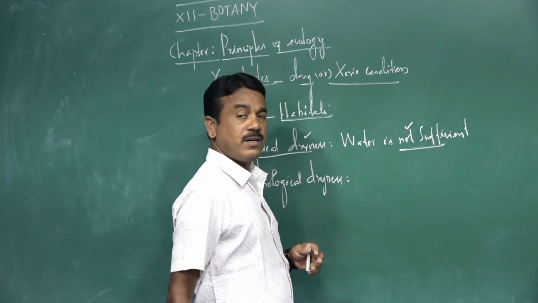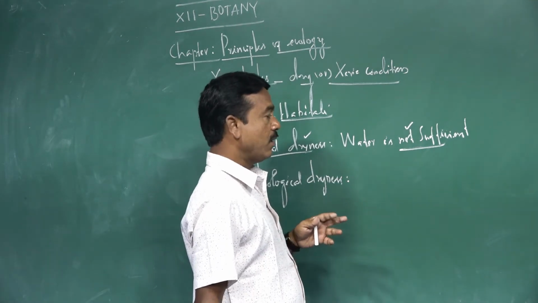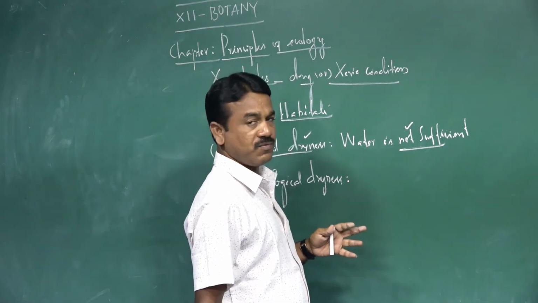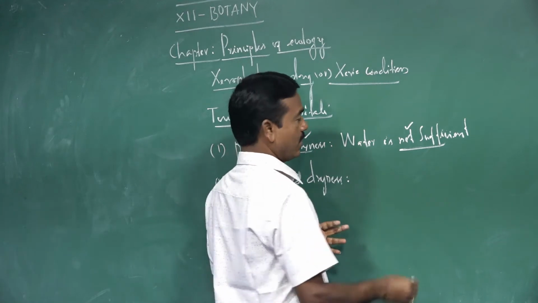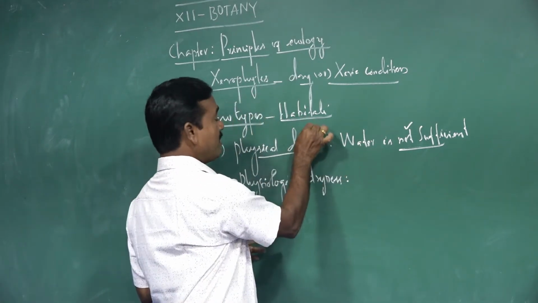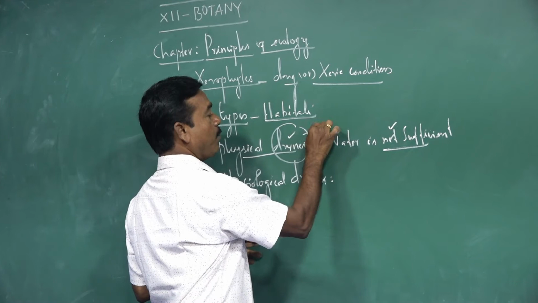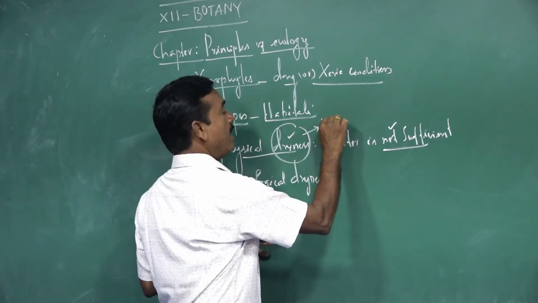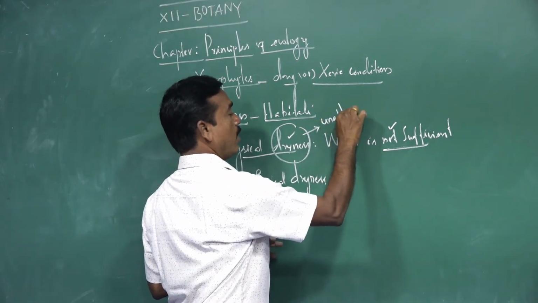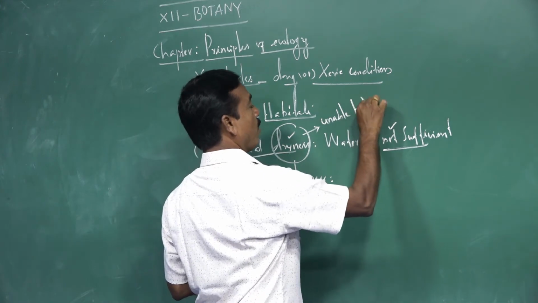Why is water not sufficient for the plant? In physical dryness, the plants are unable to bind the water molecules.